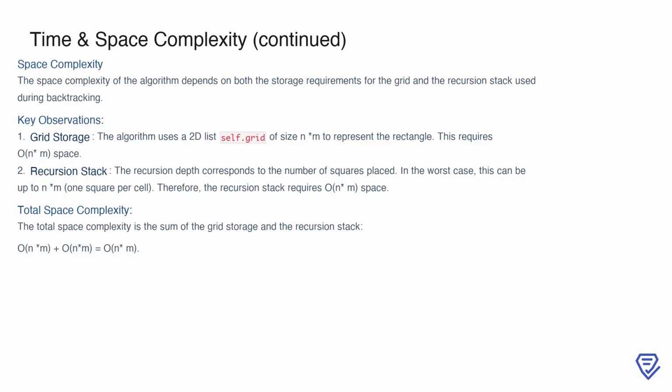In the worst case, where each cell is covered by an individual square, the depth of the recursion stack can also reach O(n*m). When you add these two components together, the total space complexity becomes O(n*m) for the grid plus O(n*m) for the recursion stack, giving us a final space complexity of O(n*m). This means the algorithm's memory usage scales linearly with the size of the rectangle.